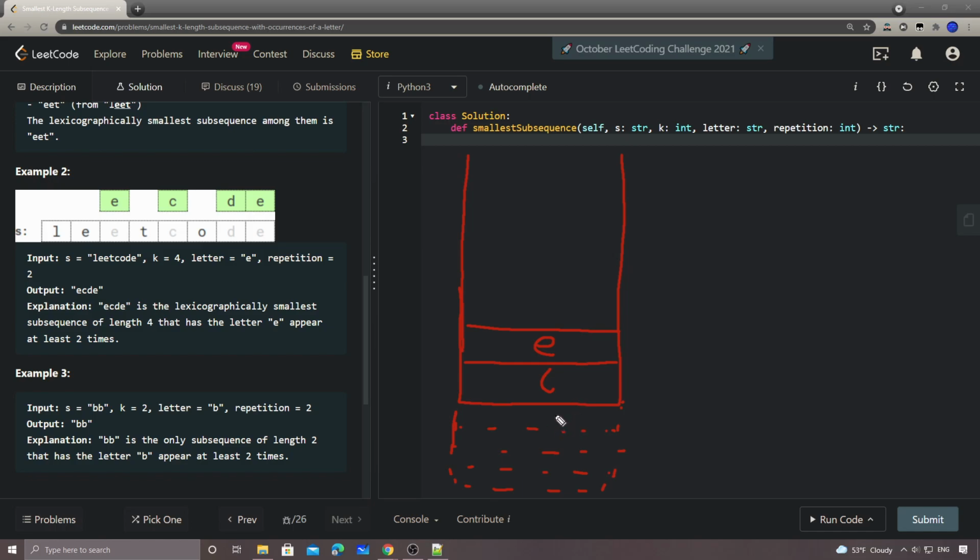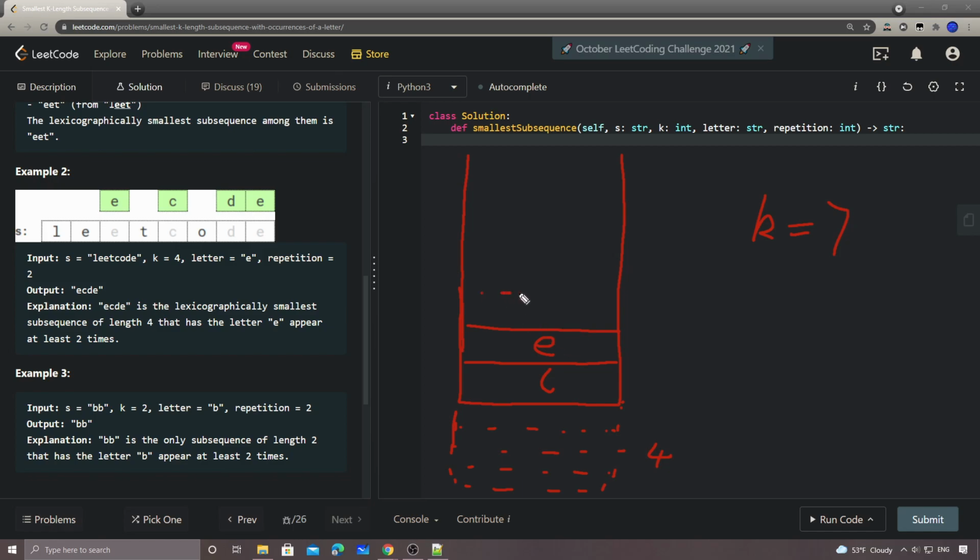So for example, if we have this 1, 2, 3, 4, so this is a 4. We have 4 letters here, and then let's say k is equal to 7. Basically, after popping this L out, we have 4 letters left, and then let's say this one we only have 2 letters left.